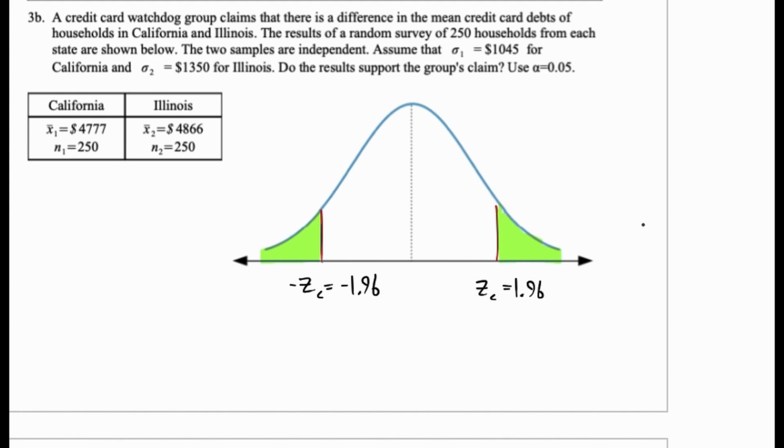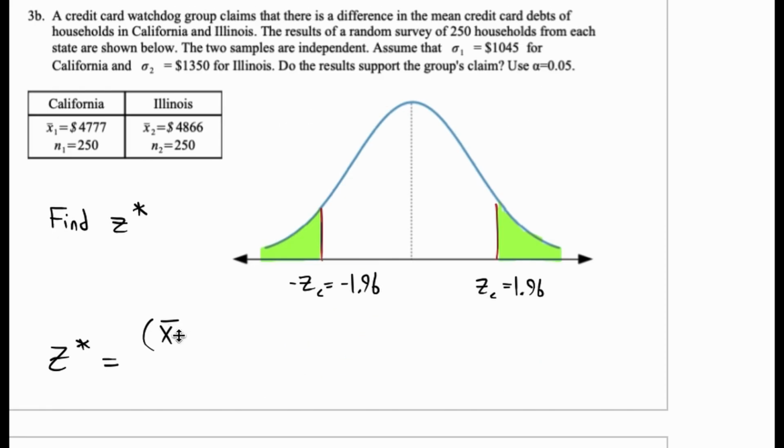Now what we need to do is find the Z star, the test statistic for this data here. The formula is Z star will be x bar 1 minus x bar 2 minus mu 1 minus mu 2.